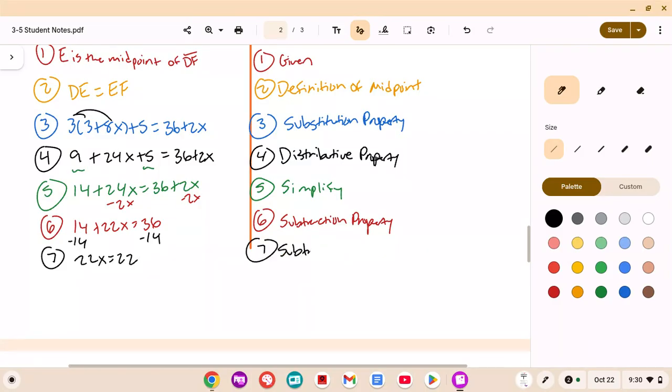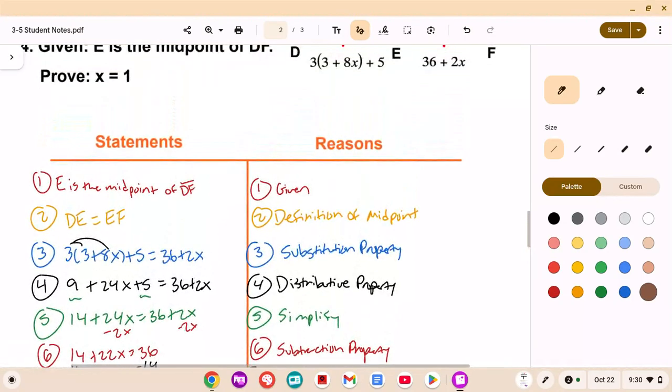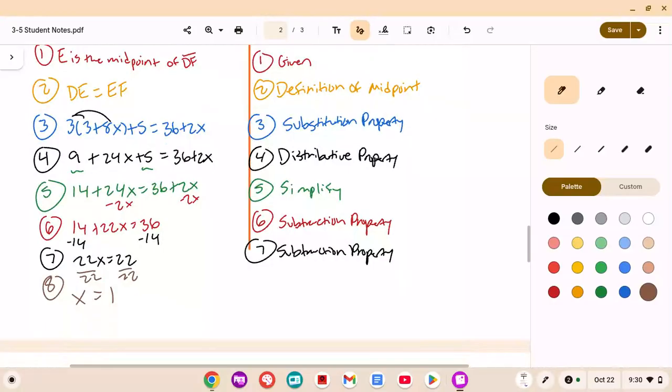Again, subtraction property. And then my last step is I'm going to divide by 22 on both sides. So x equals 1. Hopefully that's what I wanted to do. Yep, prove x equals 1. And to get to that last step, what we had to do is we had to divide. So this is going to be division property. Woohoo, made it to the end.